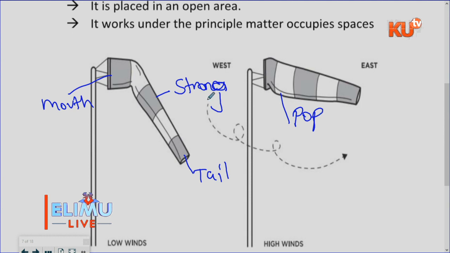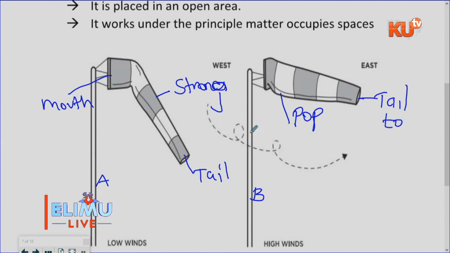Now looking at our second diagram, we have diagram A and diagram B. We can use diagram B to show the direction of the wind. Where the tail of the windsock points, it shows the direction the wind is blowing to.